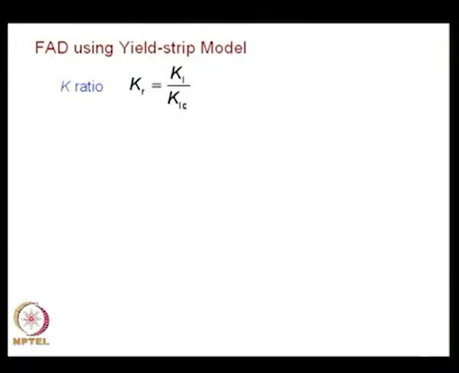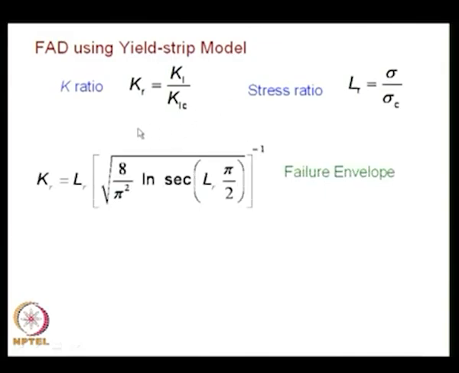The simplest approach is FAD using the yield strip model. You define K ratio as K1 by K1C, which is purely LEFM based, and you have stress ratio LR as sigma by sigma C. Sigma C is a critical stress, it could be a flow stress, and the failure envelope is basically obtained from your yield strip model.